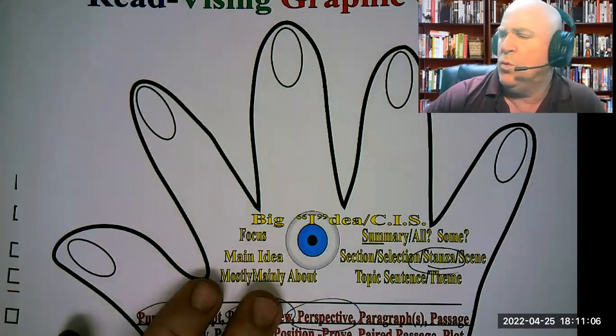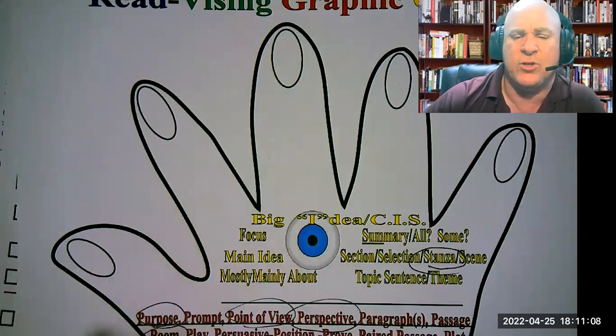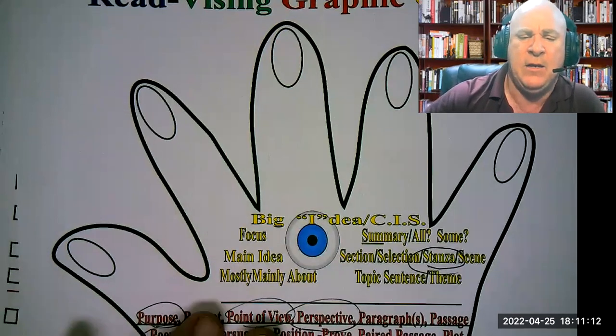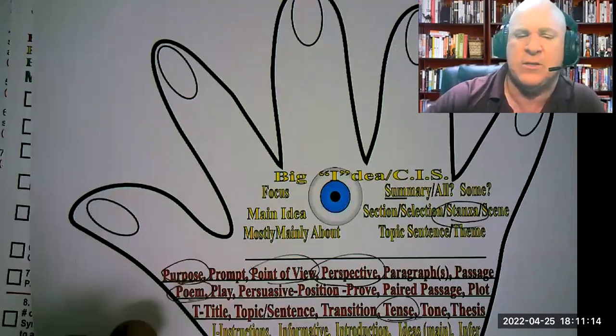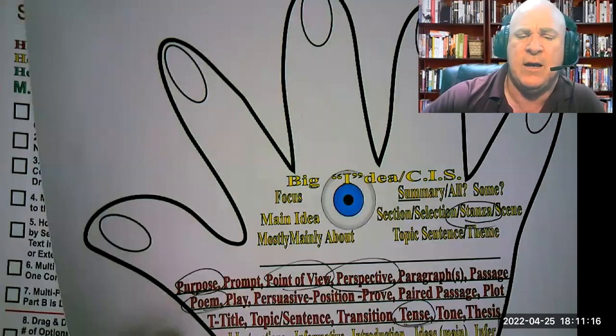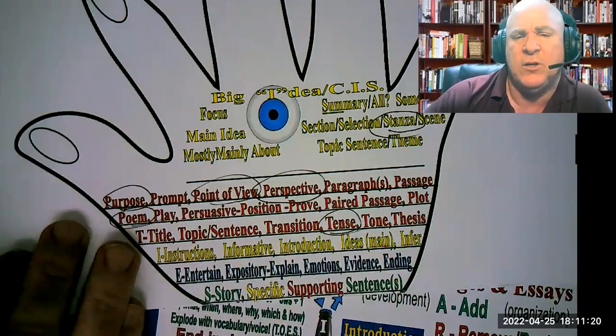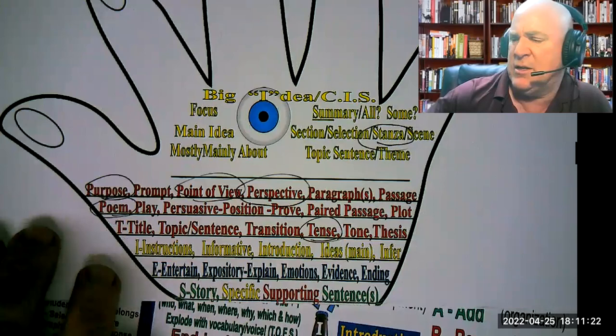So depending on the kind of question, we will use something from this hand, which has the acronym TIES, where everything in a selection, regardless of what genre we're talking about, ties together.